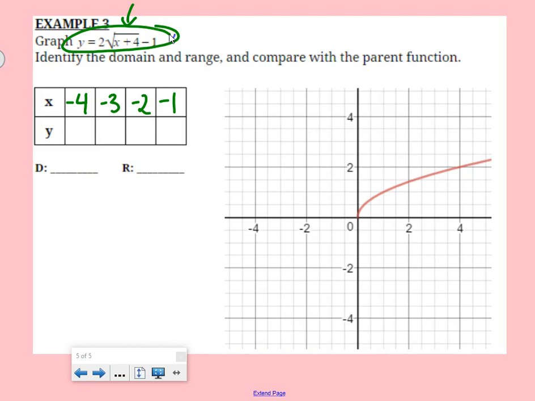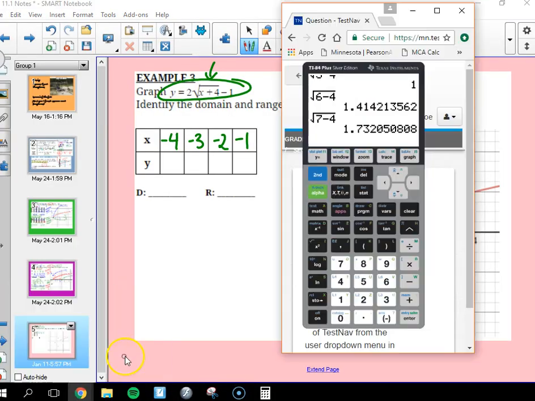Plug those into our function. Again, your calculator is going to be very helpful for this. Now we have a very large function, so we want to make sure we're getting all the pieces put in correctly. We have 2 at the front, then the square root of our x value, starting with -4, plus 4. Then we have to move outside of the radical to add that -1. Press enter and we get -1.